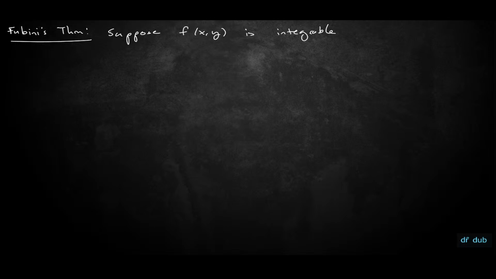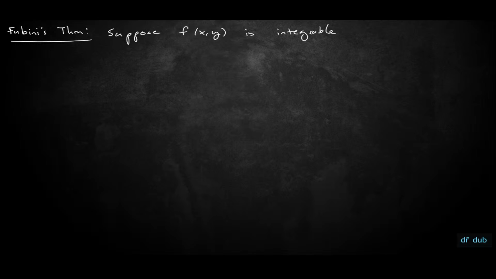So we'll just say f of x,y is integrable over the rectangle R. So some rectangle capital R, where R is defined, I'll use the set notation, all ordered pairs x,y such that a is less than or equal to x, less than or equal to b, and c less than or equal to y, less than or equal to d.